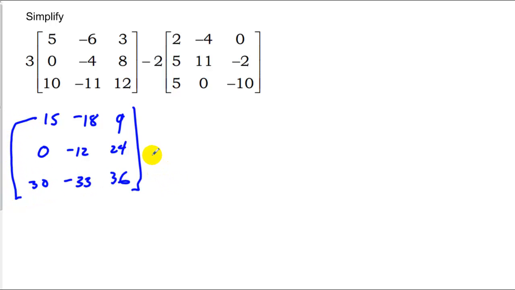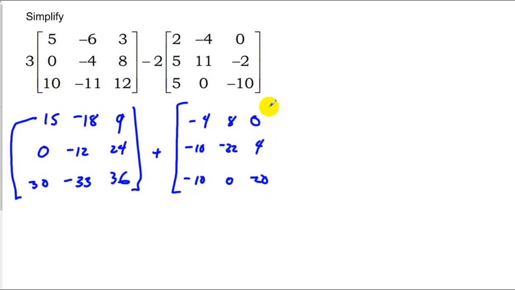And from that I'm going to say add, because I'll multiply in my negative 2 and get negative 4, 8, 0, negative 10, negative 22, 4, negative 10, 0, and 20. And then I'll take and add these two up.